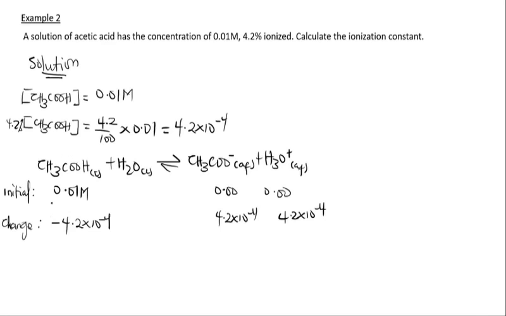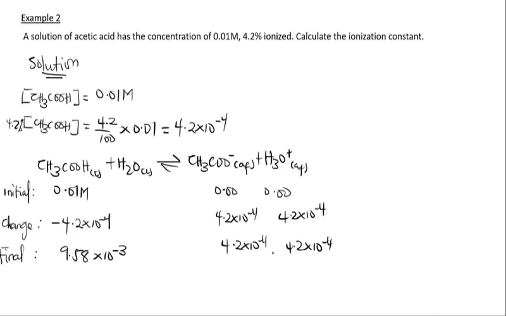That is the 4.2% of it. So after the dissociation, we now subtract what has dissociated from this to get what is left of the acetic acid. So if we do that, we are going to get 9.58 times 10 raised to the power minus 3. Then we have here 4.2 times 10 raised to the power minus 4, and then 4.2 times 10 raised to the power minus 4 over here as well.